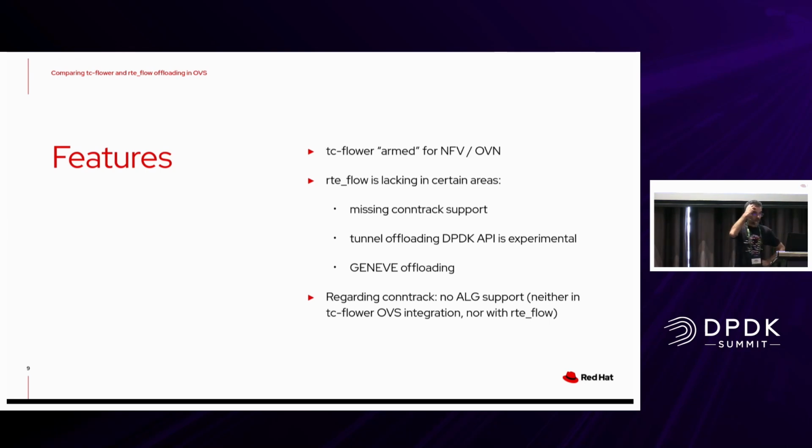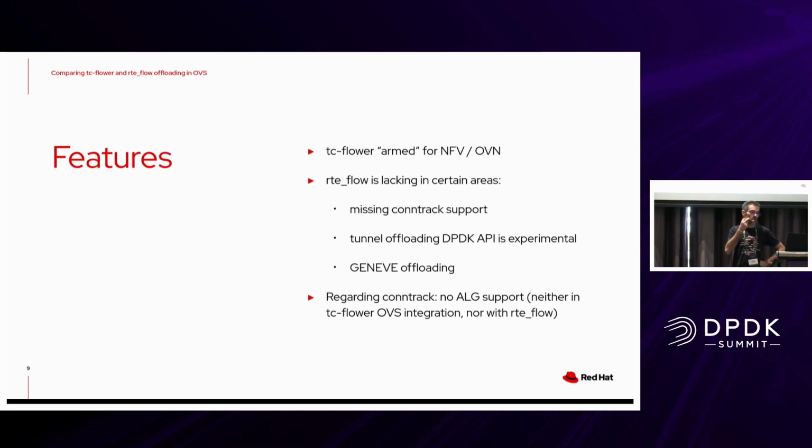On the other hand, on the RTE-Flow side, we are missing a few pieces. Conntrack support for OVS is absent. There are some bits on the DPDK side, but there is no integration on the OVS side, and I'm not sure how it would work, if it can work. So that's something I'd like to have some feedback on.